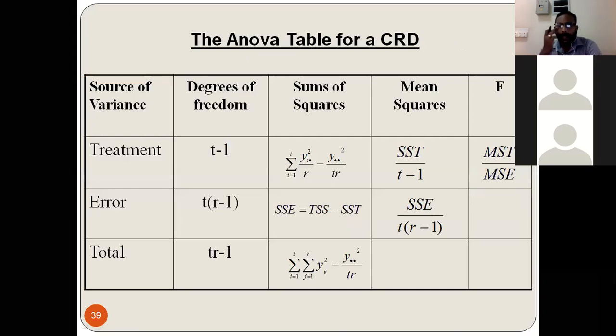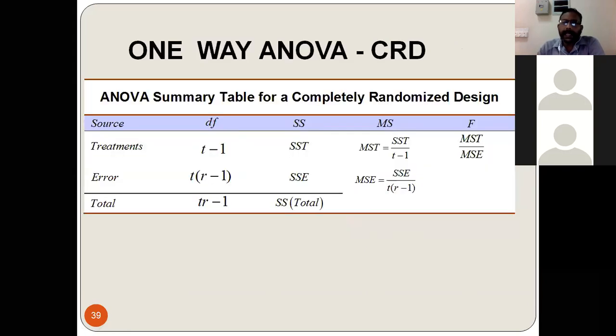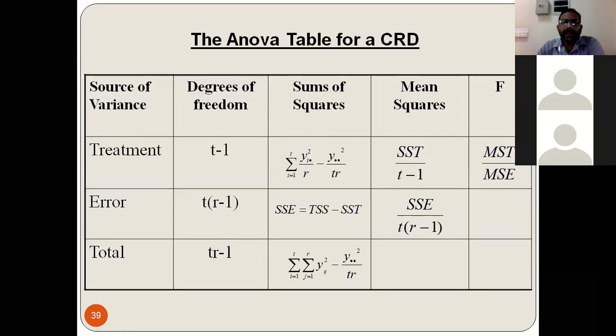Now what is this? The same ANOVA. Here the ANOVA is the same thing. Now I have elaborated with some notations here. So we will look at what those notations are, and I will explain them.